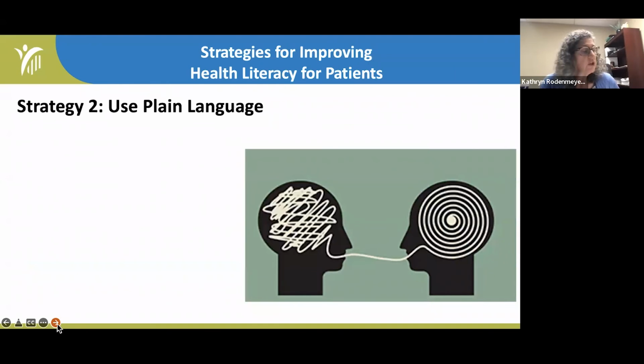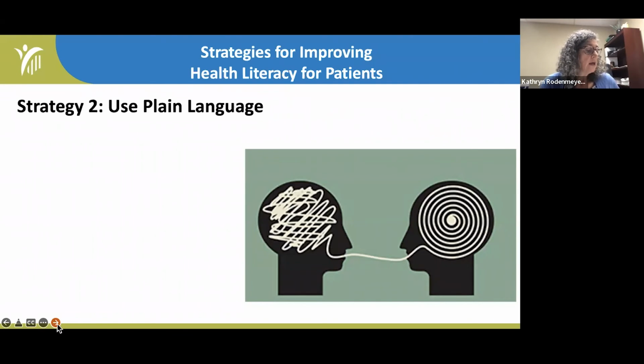Another strategy is to explore the language of healthcare, the language you use every day when you're talking with your colleagues and with staff, and what plain language is. So the question is, how do we break the barrier down and address the concern of being able to communicate clearly with the patient?